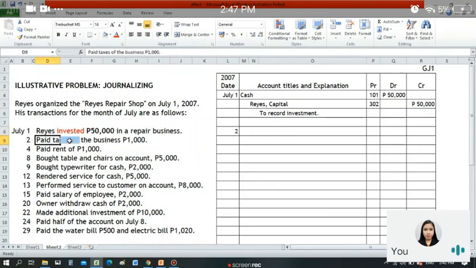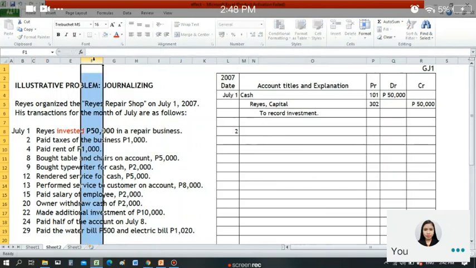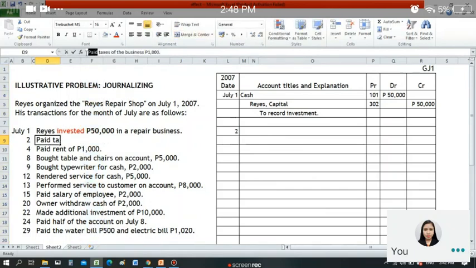Paid taxes of the business. So let's analyze and identify the account titles that has an effect. So from the word paid, meaning, pag nagbayad ka, paano ka ba magbayad? Di ba pinagbabayad mo is a cash? And what did you pay? Ano yung binayaran? Taxes.